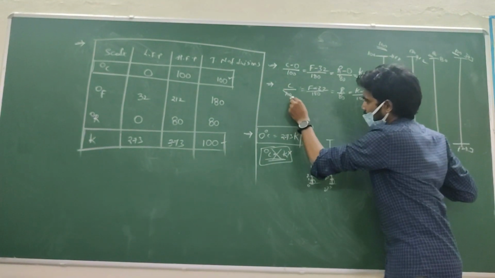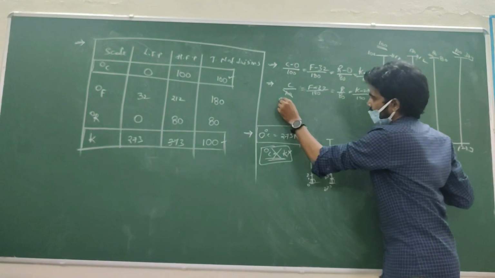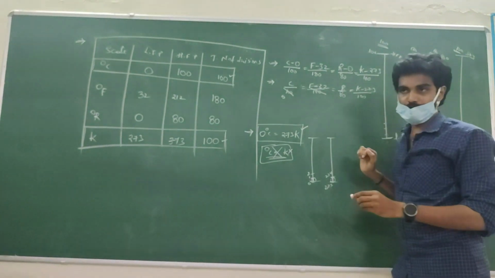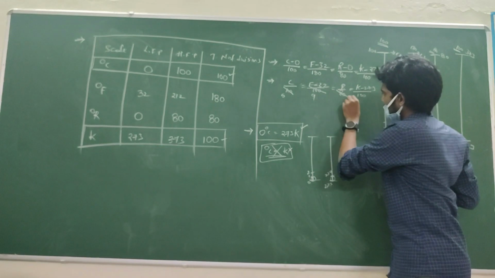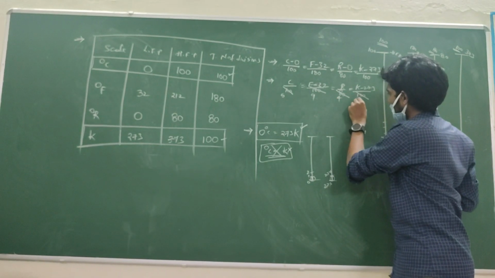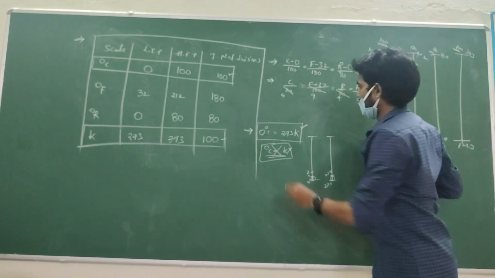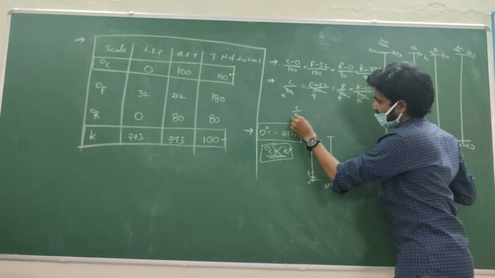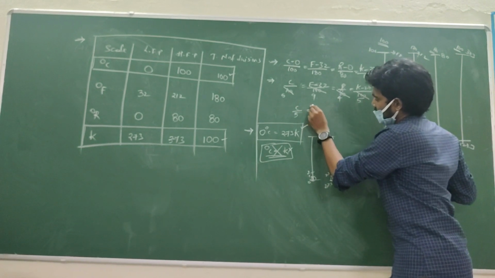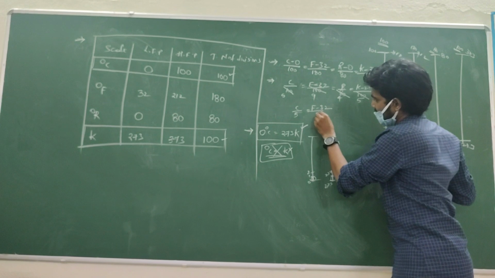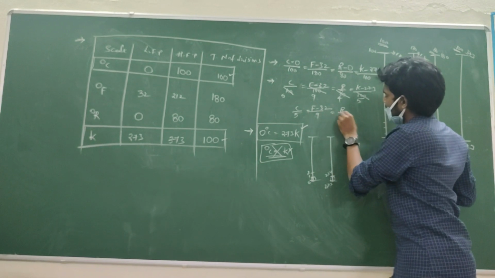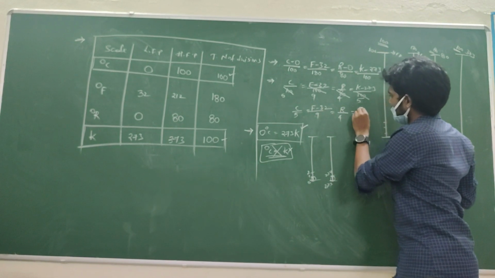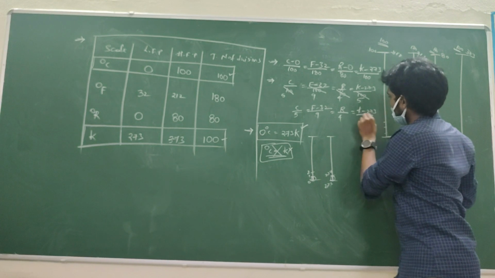In the 20 table, 100 goes 5 times, 180 goes 9 times, 80 goes 4 times, and 100 goes 5 times. So the final formula is C by 5 equals F minus 32 by 9 equals R by 4 equals K minus 273 by 5.